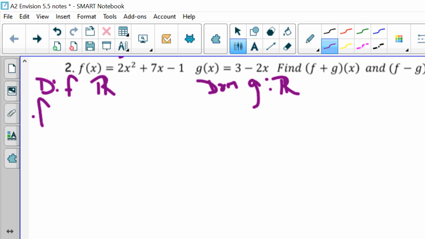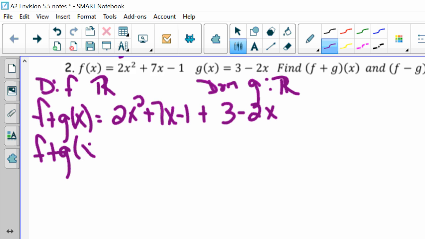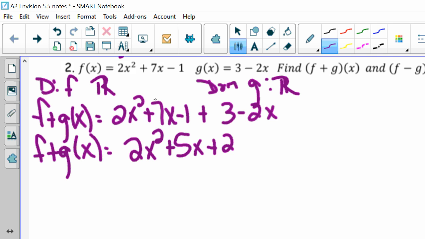If I do f plus g of x, 2x squared plus 7x minus 1 plus 3 minus 2x, combine like terms, so I have 2x squared plus 5x plus 2. I can look at the domain of this. It's a parabola. I can plug any number I want to.